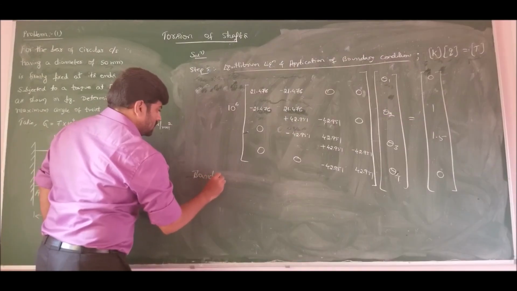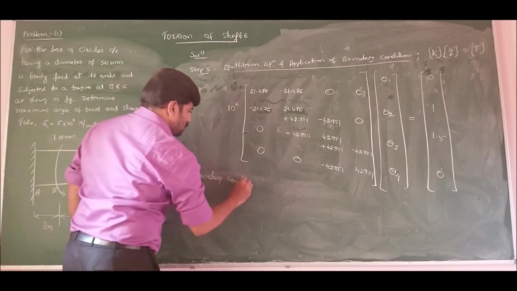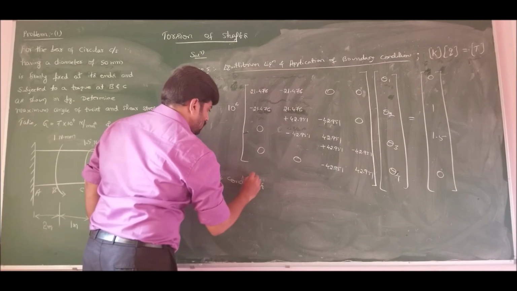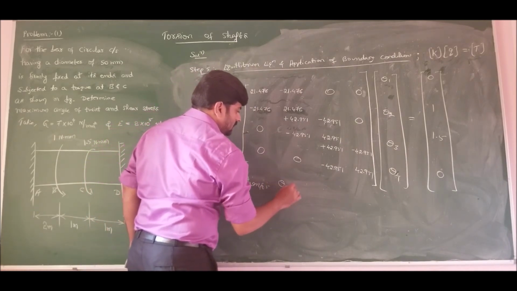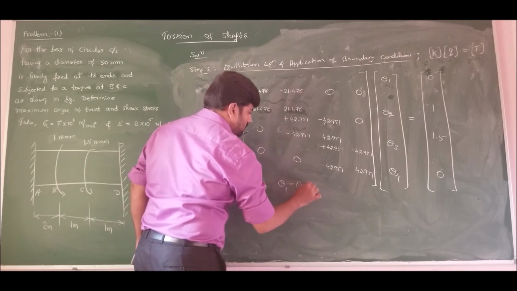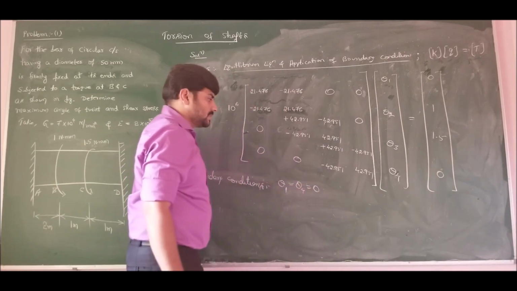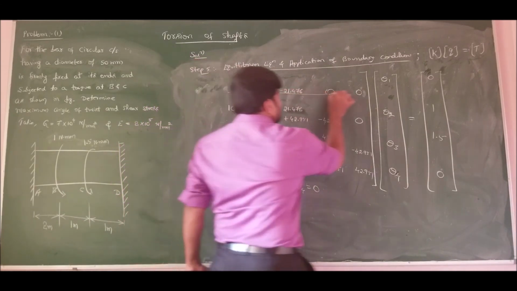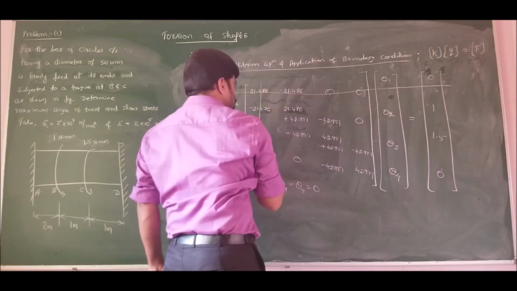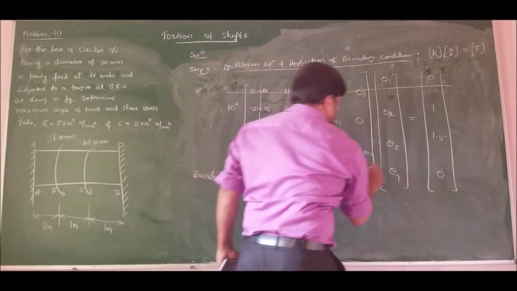The boundary conditions are: node 1 is fixed, so theta 1 is equal to 0. Node 4 is also fixed, therefore theta 4 is also equal to 0. So eliminating the corresponding row and column, I get theta 1 is 0 and theta 4 is 0.